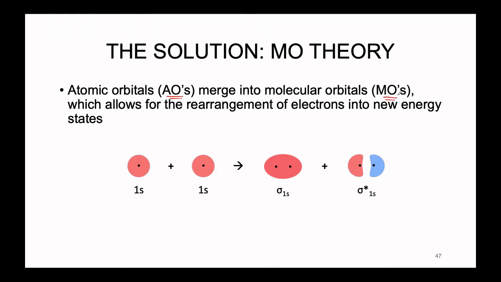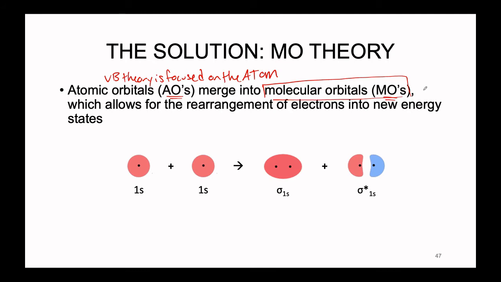This is different from valence bond theory, because according to valence bond theory, atomic orbitals hybridize into new atomic orbitals, but they're still focused on the atom. Valence bond theory is focused on the atom. In molecular orbital theory, these atomic orbitals come together to make something entirely new, which encapsulates the entire molecule.